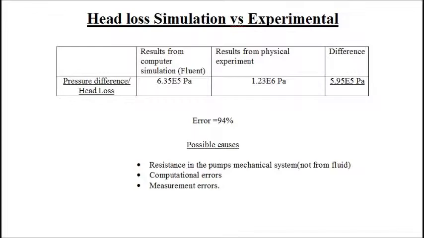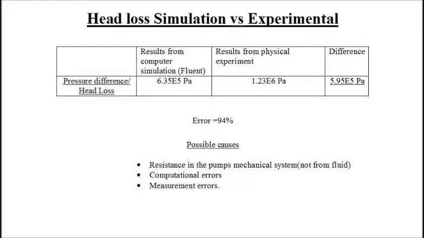When comparing the results for pressure difference, or head loss in this case, using the results from the hand calculations or the experiment and the results from the fluid program, we are able to see a profound difference of approximately 94%. Possible causes of this are mechanical resistance in the pump system itself.